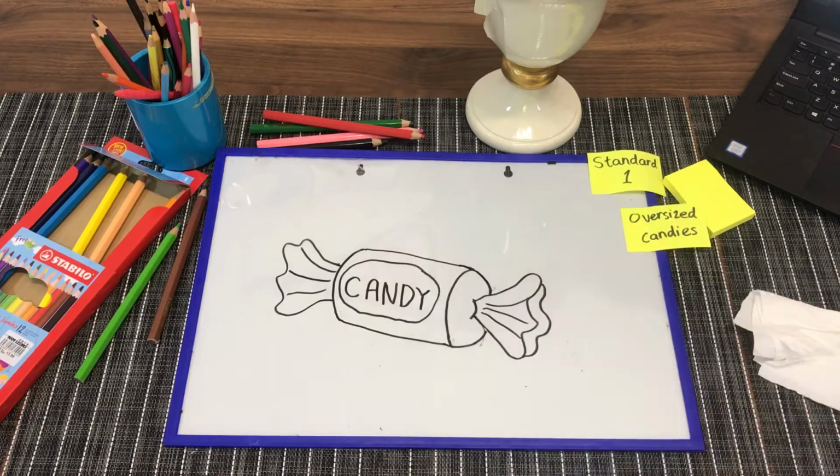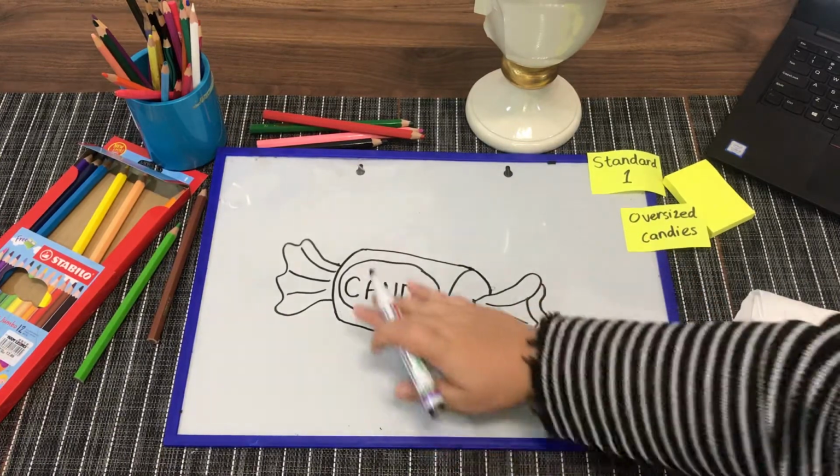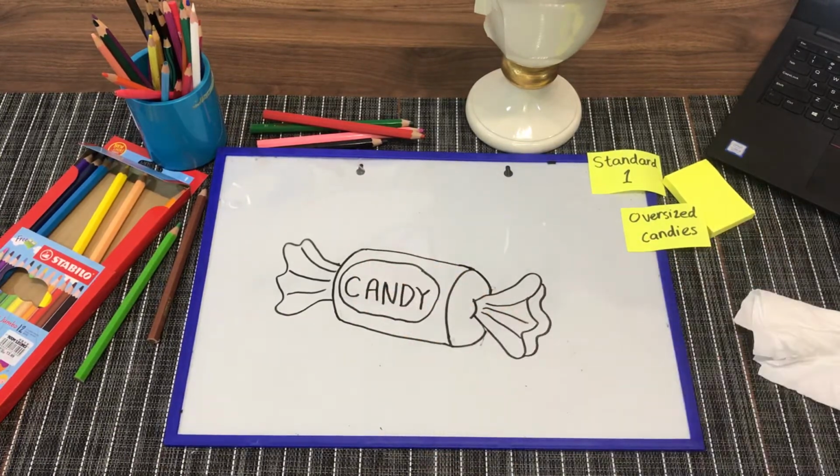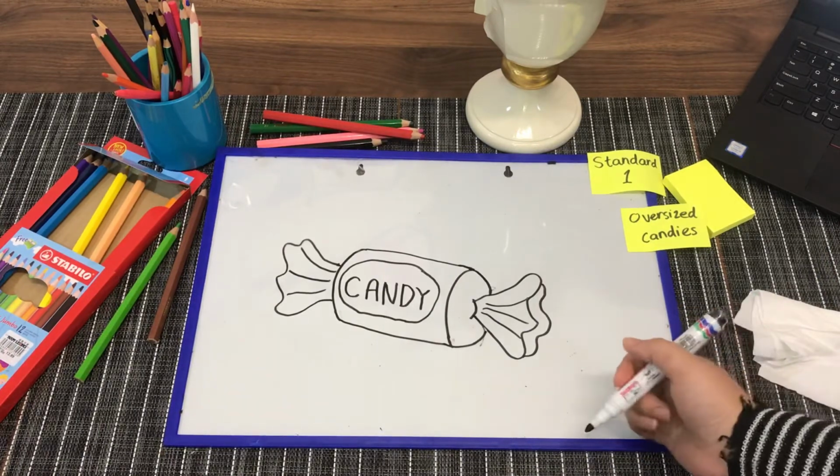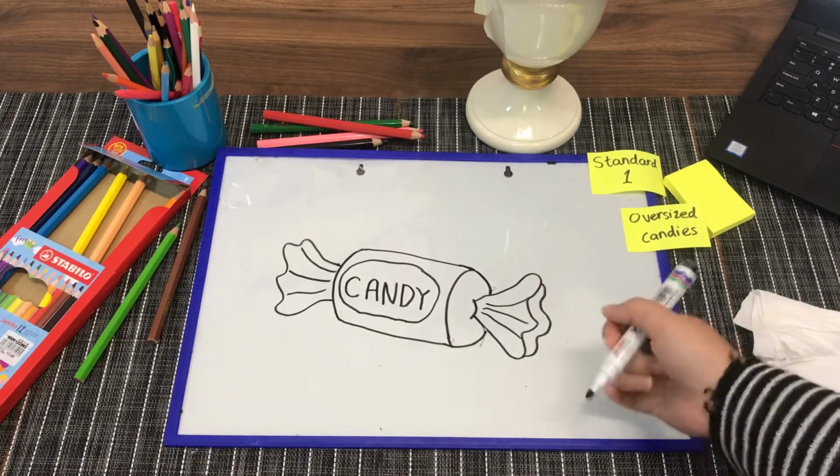Okay, there you go. Then let's say this candy is the first one in front of you. Now you need to try to draw the rest of the candy. Okay, I have already attached a few examples in your Microsoft Team assignment, you can refer there.